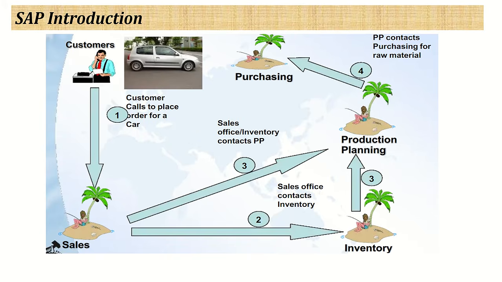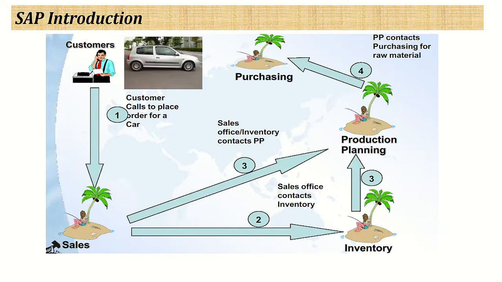And in case there is no stock, no inventory available, they can cross-check whether that product is on the production floor. Is there any production going on for that particular product?